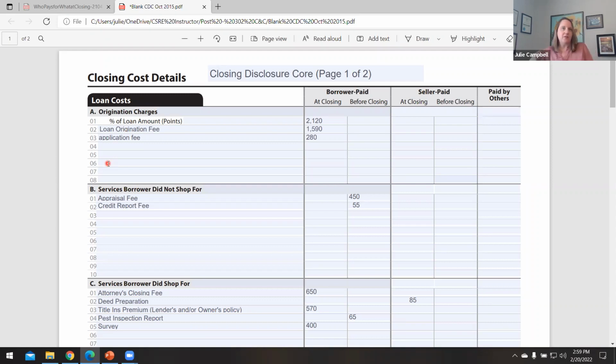I don't care how you guys do, but let me tell you why I'm so off. When they first introduced us to this closing disclosure, the thing that I could not wrap my brain around, I could not see it. The closing disclosure expects you to add up.